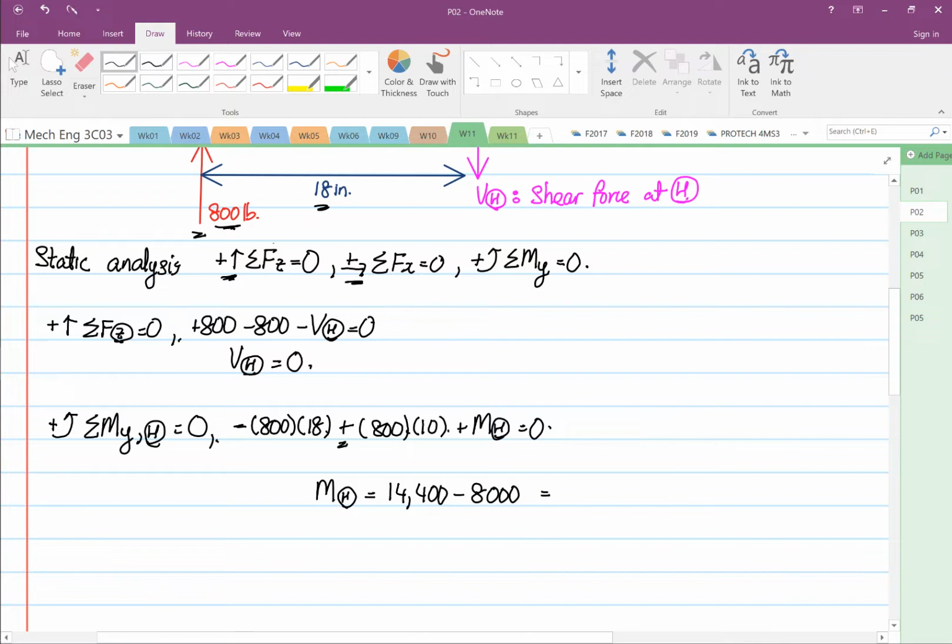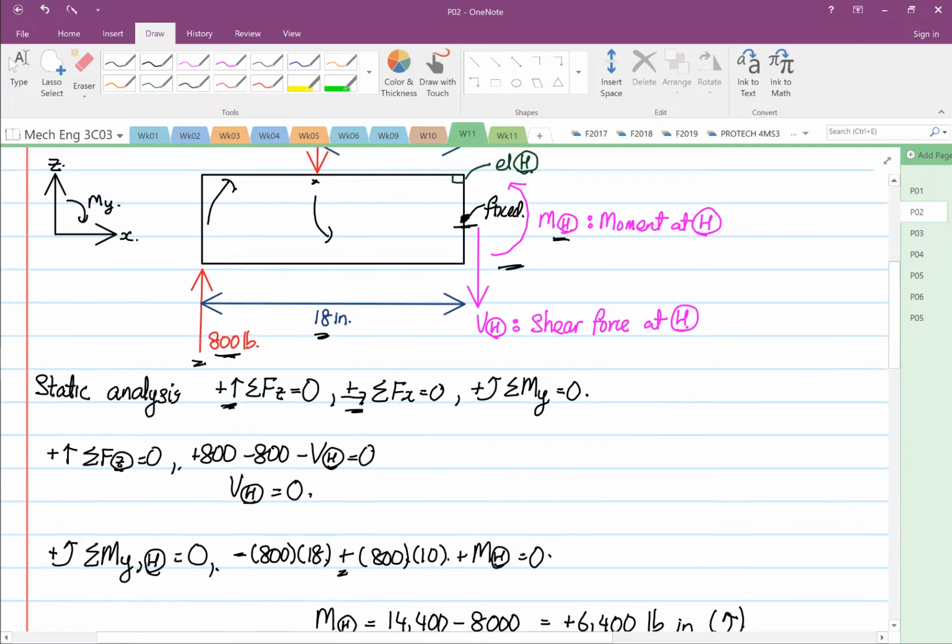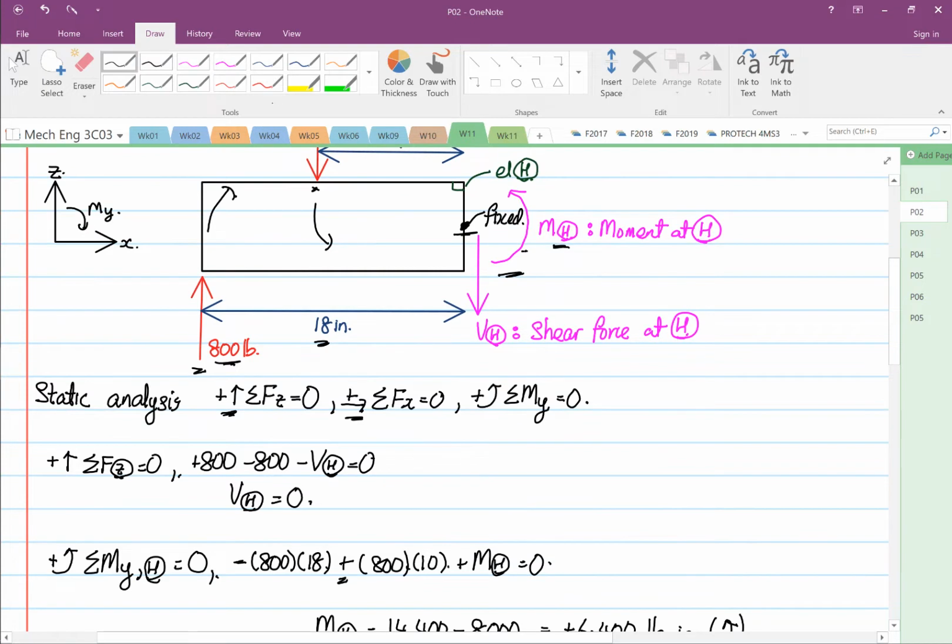This will be equal to 6,400 positive, 6,400 pound-inch, going anti-clockwise. It's positive, which means this assumed direction is valid. If it's negative, then it's not valid.